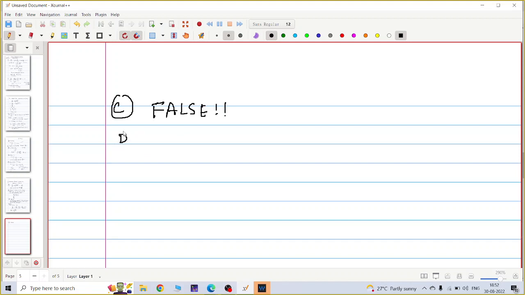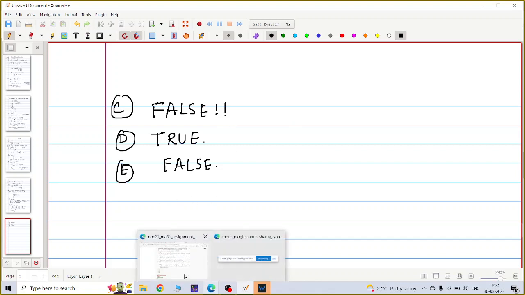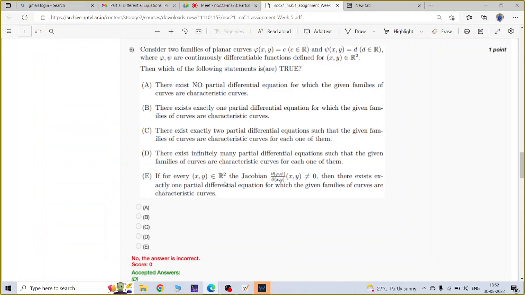Let me write it clearly. Option E is false because by giving an infinite number of lower order terms... Option E, I will show you the question again. The question says that if for every x, y the Jacobian is non-zero, then there exists exactly one partial differential equation for which the given families of curve are characteristic.